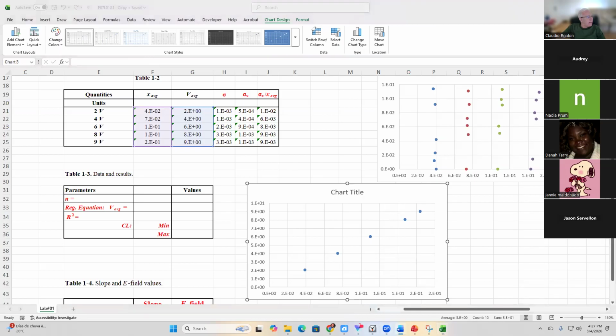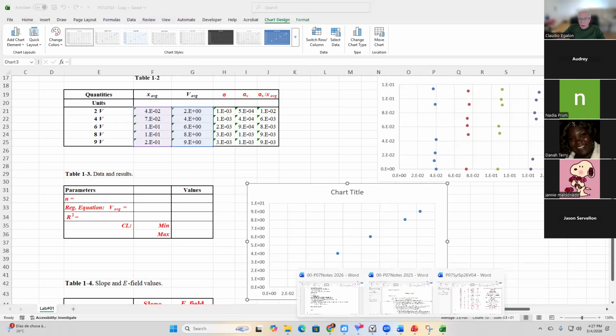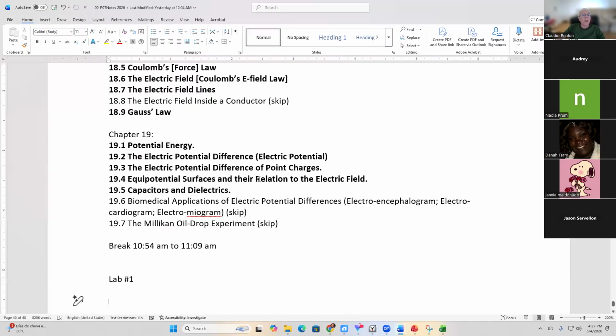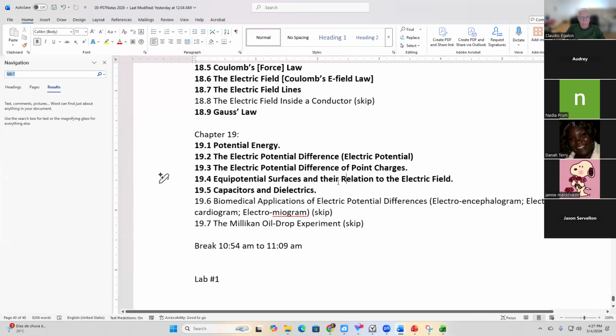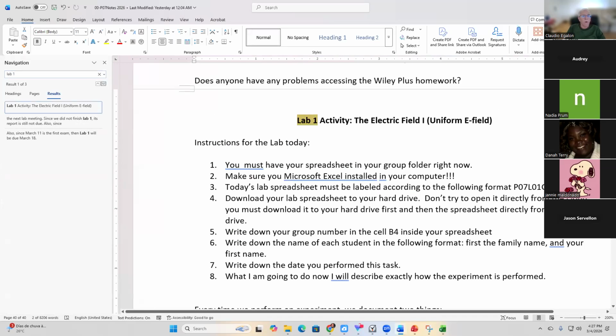And I'm going to get the notes of our previous lab meeting. Lab 1. Let's see here. Okay, lab 1. No, not this one. I want the other one. This one right here. Lab 1.